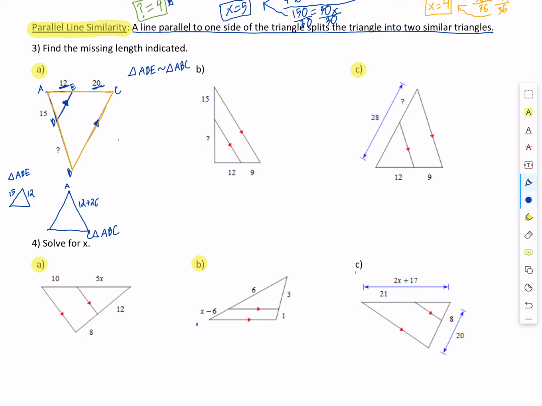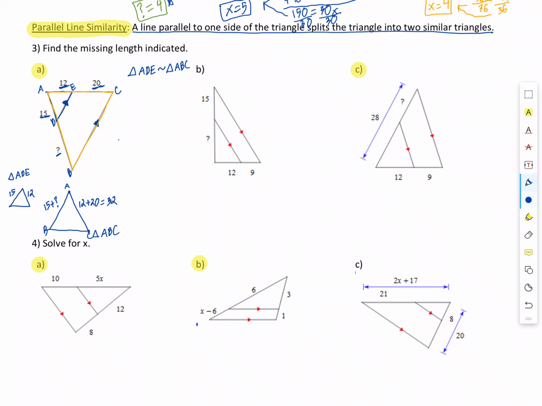So 12 plus 20, so that side's equal to 32. Now for AB, it would have to be 15 plus our question mark.